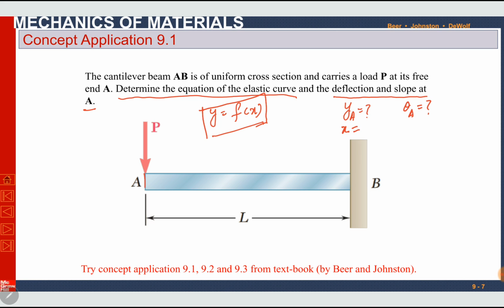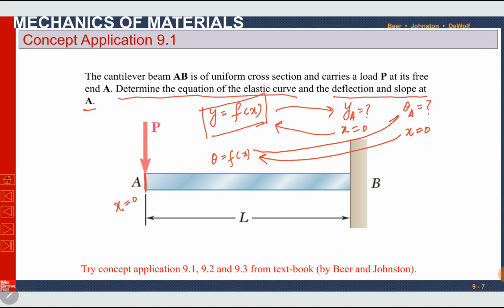What is x at A? Here x is 0. When we put x equal to 0 in this expression, we will get y_A. Similarly, we will derive another expression, theta as a function of x. When we put x equal to 0 in this expression, we can get theta_A.